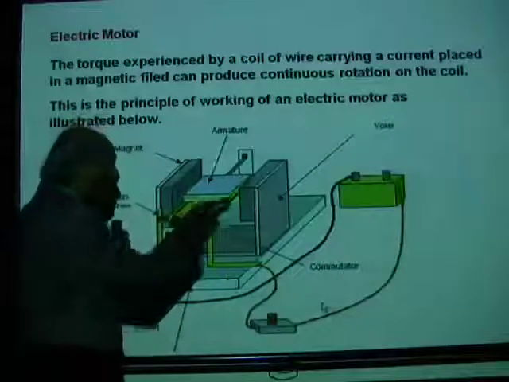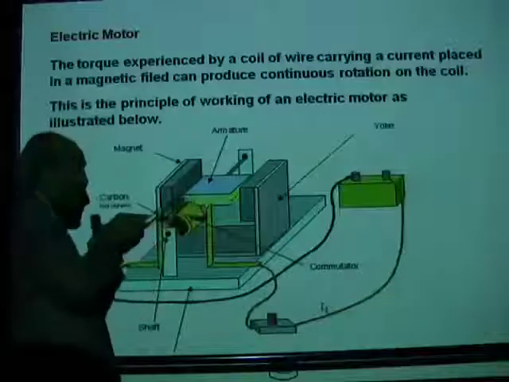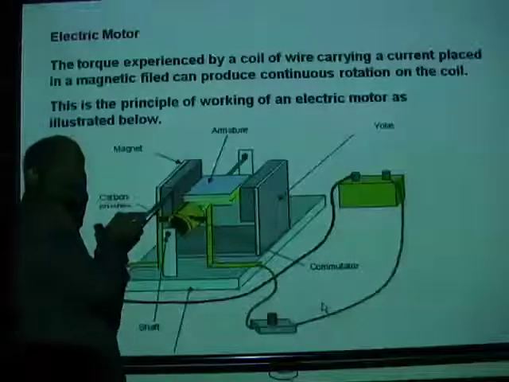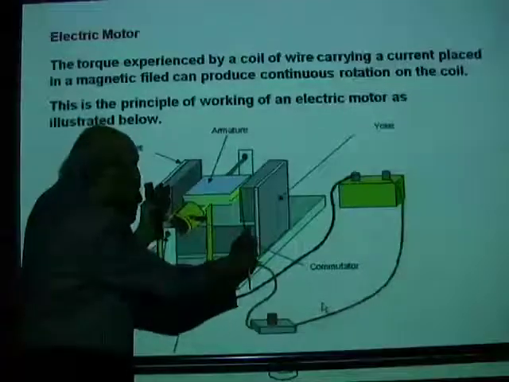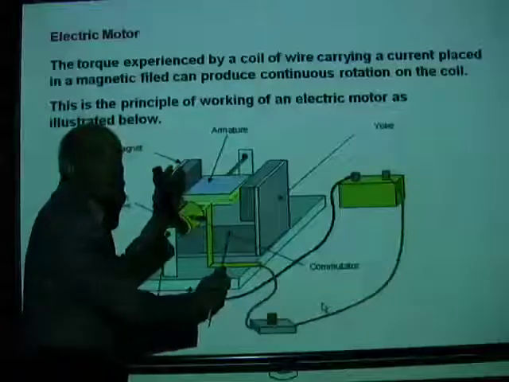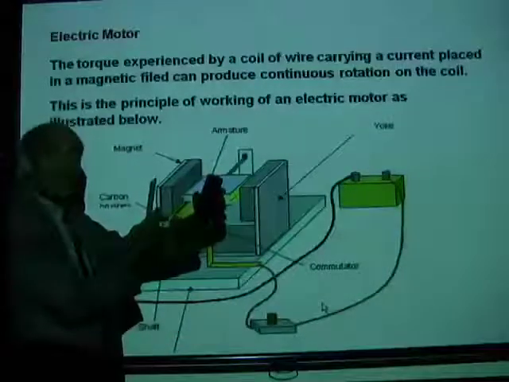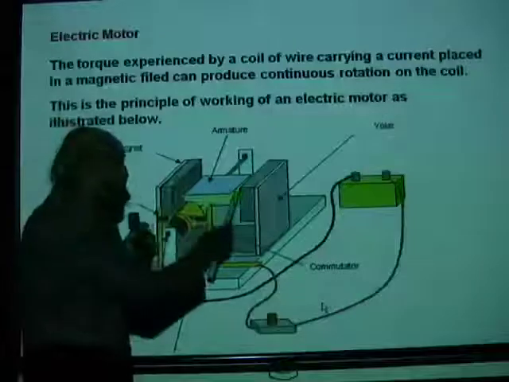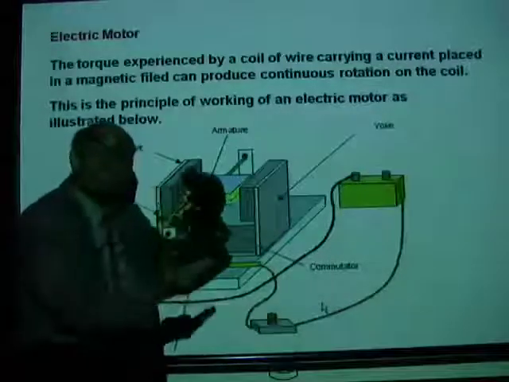If the current flows on the right towards me, then the current on the left will go away from me. So if the force on this is downward, the force on the other side will be upward, right? After half a rotation, the force on this side will be downward. So how would you get a continuous rotation?